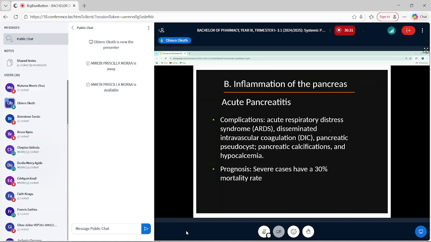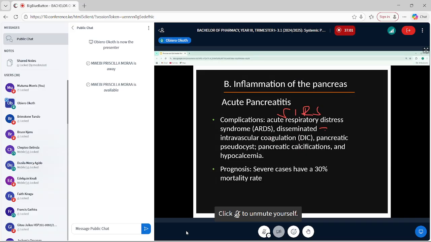Complications of acute pancreatitis: acute respiratory distress syndrome. Yes, this is when now the lungs fail. Lungs can fail as part of what we call systemic inflammatory response syndrome. You can have disseminated intravascular coagulation. Remember, we said the trypsin triggers kallikreins, and kallikreins can trigger intravascular coagulation.